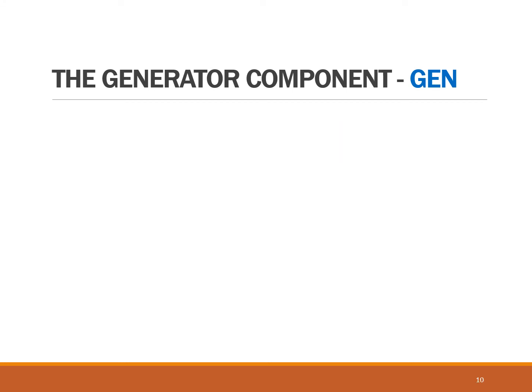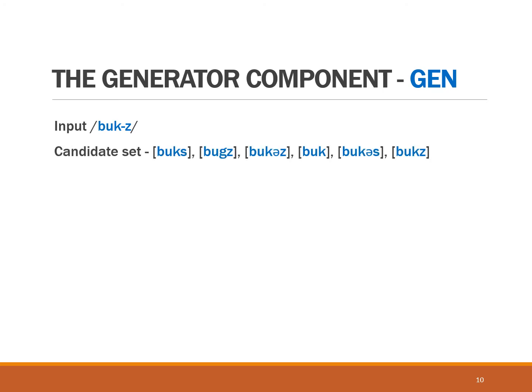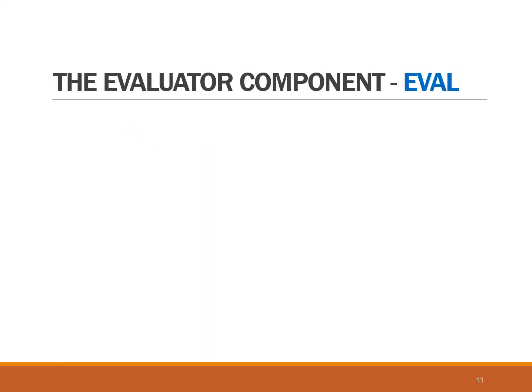Now, just quickly look at this summary. Input in this case is books, and the candidate set generated by the Gen component are these. Now what is the output candidate? Who is the winner of this particular competition? That goes to the Eval component.